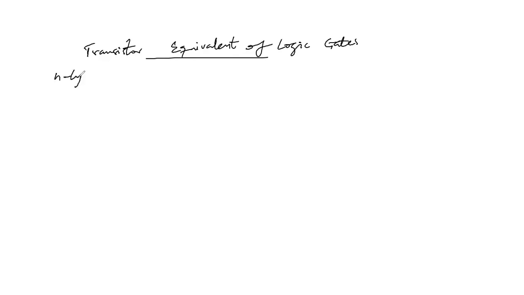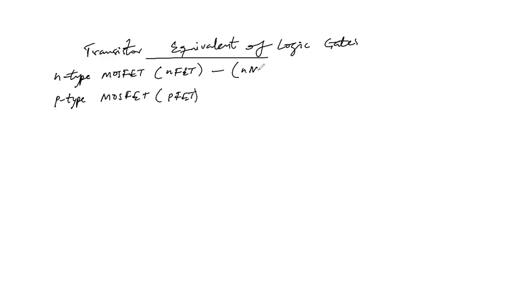So we have N-type MOSFET and the P-type MOSFET, right? So this could be referred to as NFET, right? This is referred to as PFET. This could also be referred to as NMOS, right? This as PMOS, right?